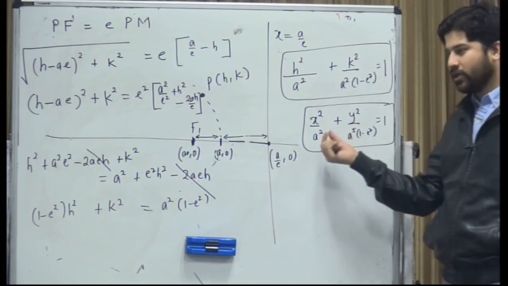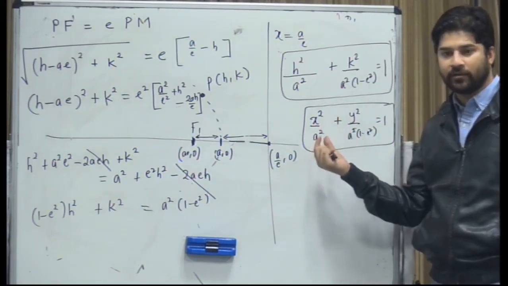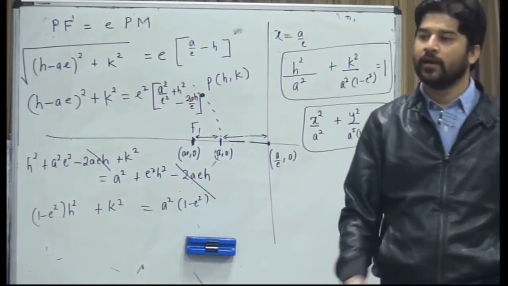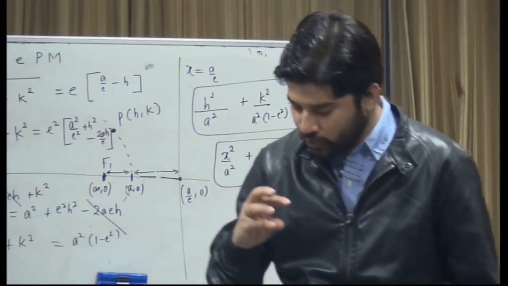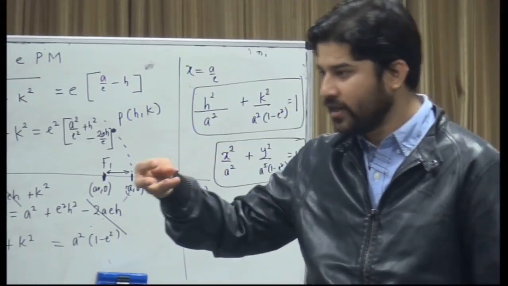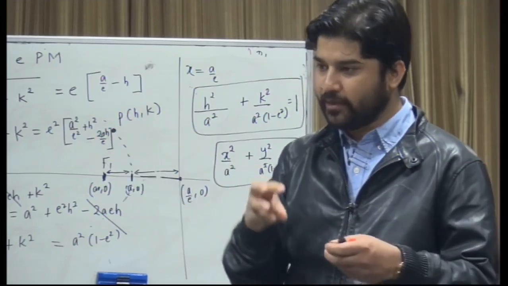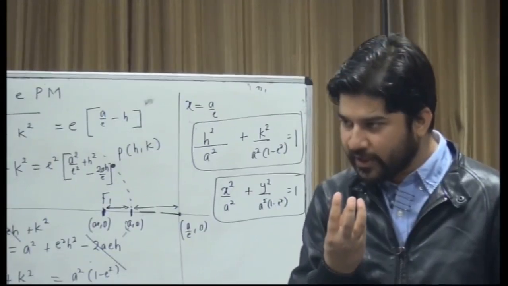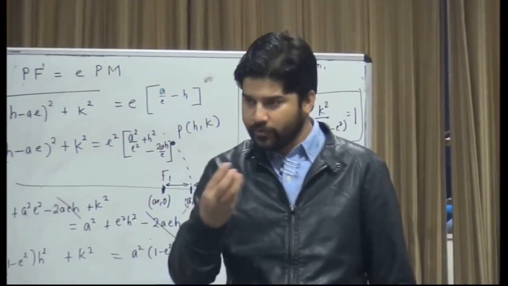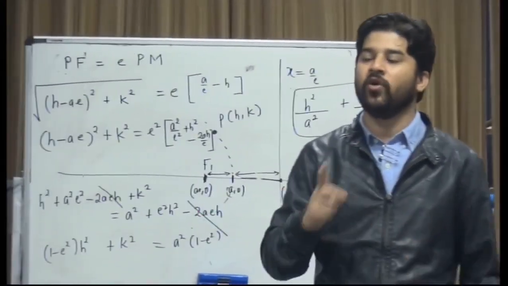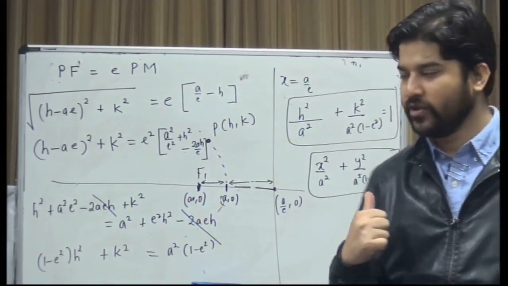You have to make sure that the number below x square is the bigger one. If you find the term below x square and another term below y square, and the right side is 1 and both are in plus, so if the number below x square is greater, then only we are going to call it the standard equation of ellipse.